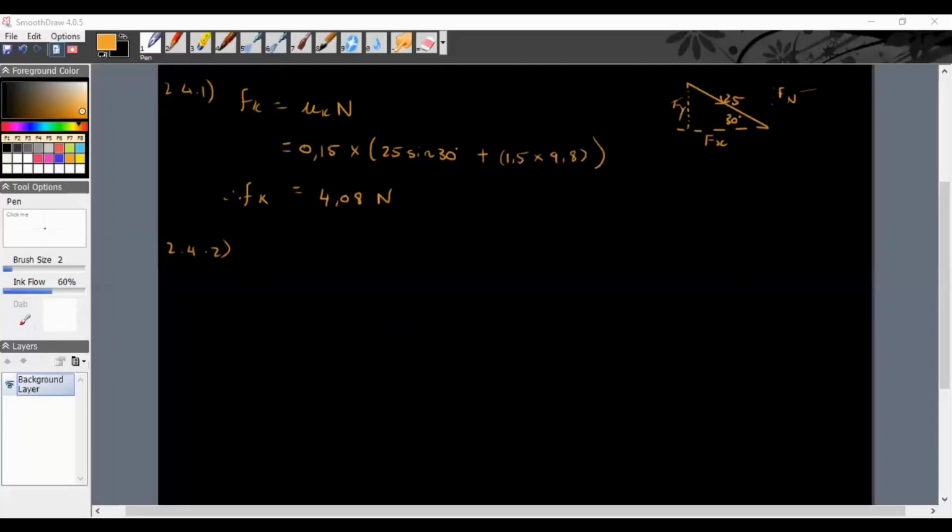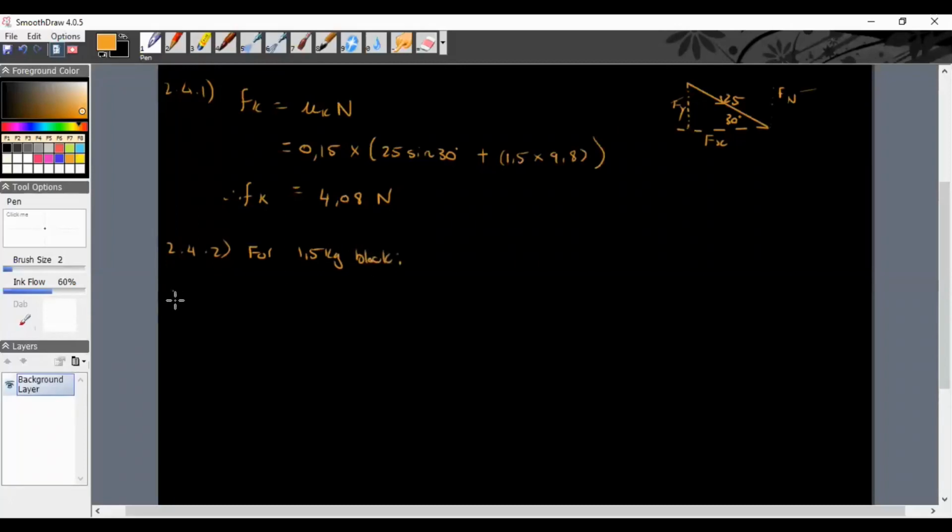So first things first, we have to find the net forces acting on each of the blocks, and then we need to perform a simultaneous equation.